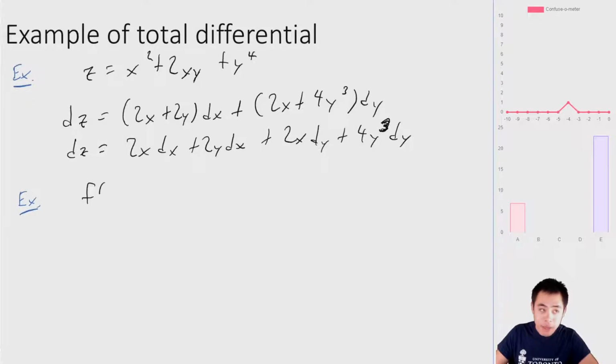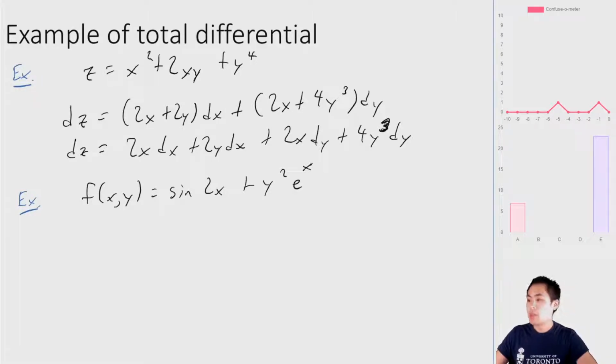So we have f of x, y equal to sine of 2x plus y squared e to the x. The total differential, there's a question about what exactly it is. You can think of it as a tiny change in the function f, given tiny changes in x and y. So given some tiny change in x and y, what is the tiny change you get in z?